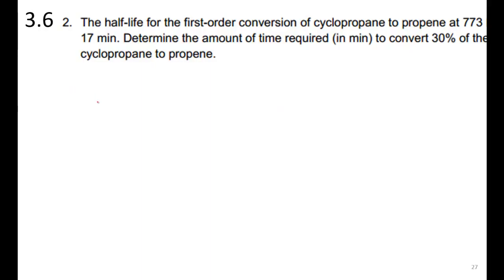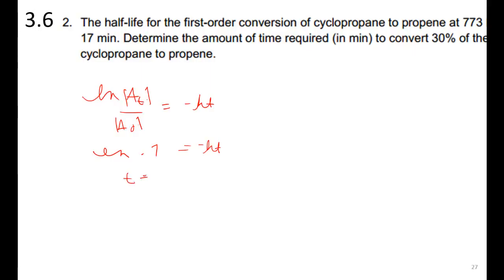So what I know is the natural log of the concentration over A0 is equal to minus kt. So the log of, if I've converted 30%, then I have 0.7 left. If I started with 1, I'm at 0.7 of that. That's equal to minus kt.